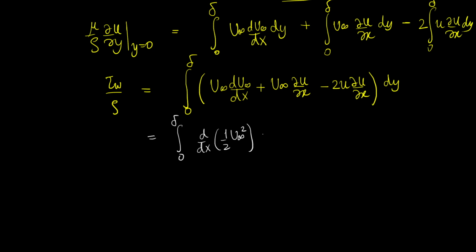This particular term is going to be del x of u infinity u minus u du infinity dx, while this particular term is also going to be minus 2u. So yeah, let us keep it like this.